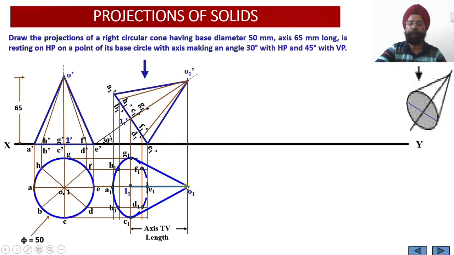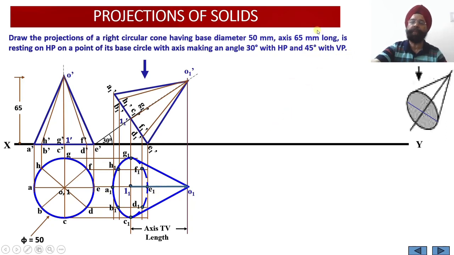So this is the apparent length of the axis, but we have been provided with the fact that the true length of the axis is inclined at an angle of 45 degrees with VP. So it is not the angle beta, it is the angle phi.